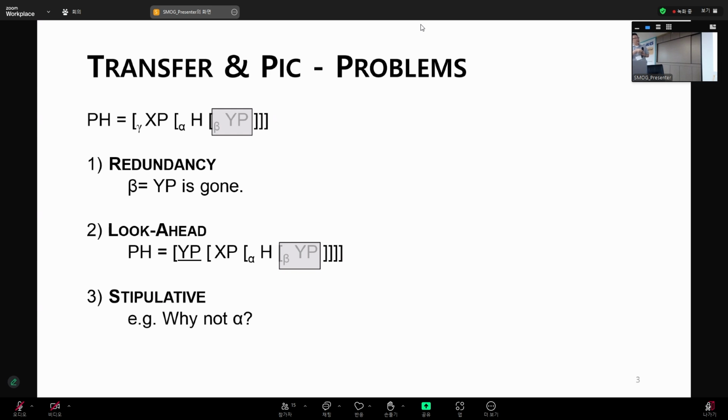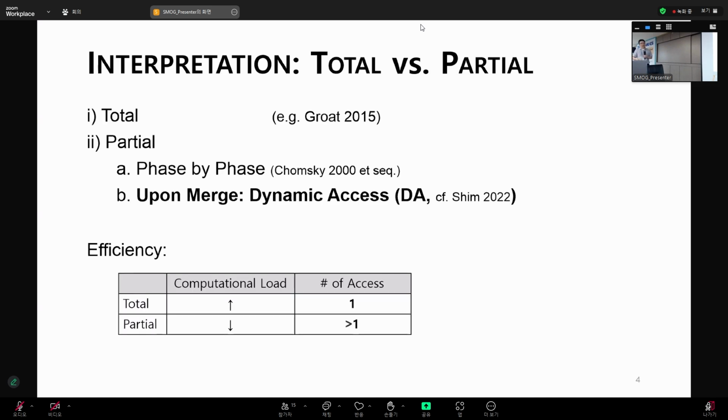So, for example, alpha, or even the entire phase. Then it would be much more computationally efficient. Actually, there's been some previous research in this direction. Grohmann 2015, for example.